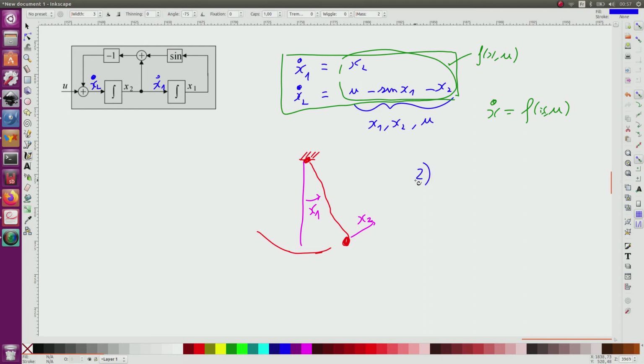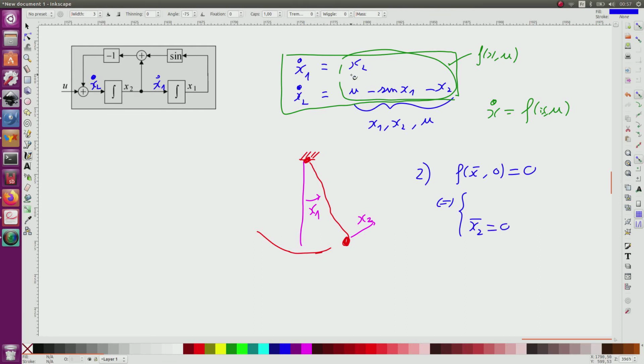I have to compute the equilibrium point, and for this I have to solve f of x bar and u bar equal to 0, where u bar corresponds to 0. And this gives me the equilibrium point. So from this I immediately obtain that x2 bar equals 0.